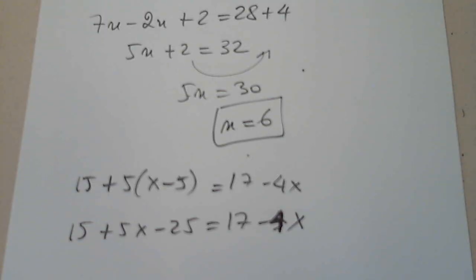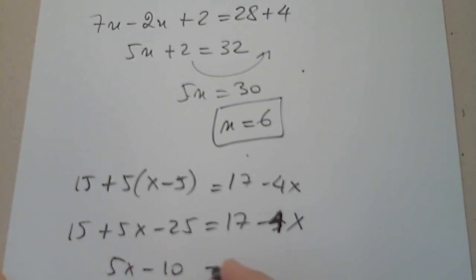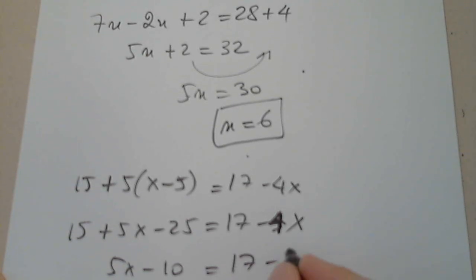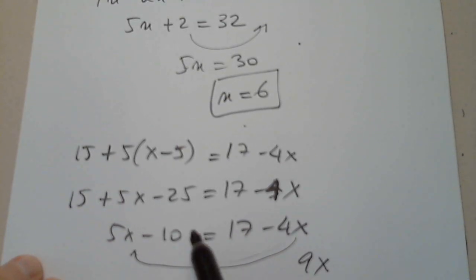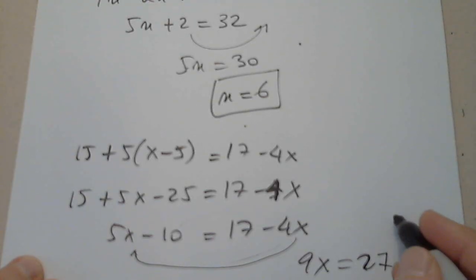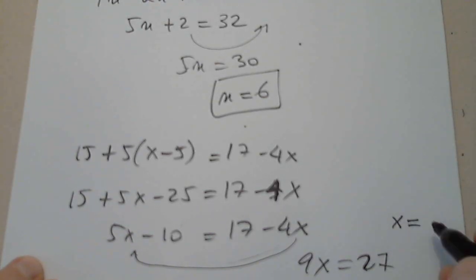Now we simplify, we clean up both sides. So we get 5x minus 10 equals 17 minus 4x. After both sides are completely cleaned up, now I move terms around. I will move this to this side, it becomes positive, so I get 9x. I will move this to this side, it becomes positive, and I get 27. Of course, I divide by 9 to get 3.